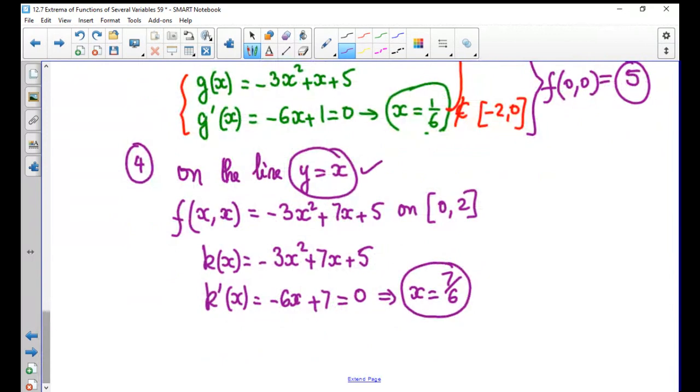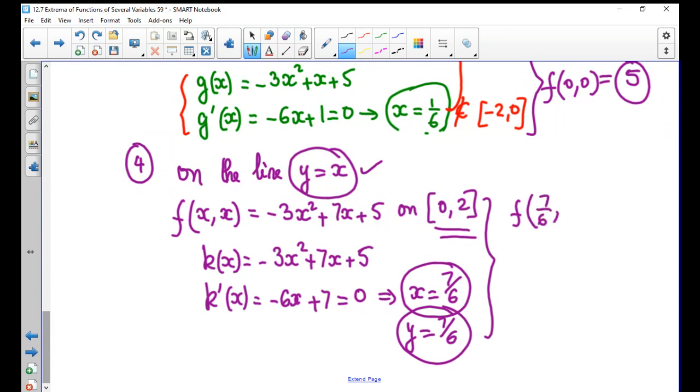And because we're on the line y equal x, y is also 7 over 6. So now we will have the values of 7 over 6, 7 over 6. If we substitute in the function, I think we get something like 9.1.